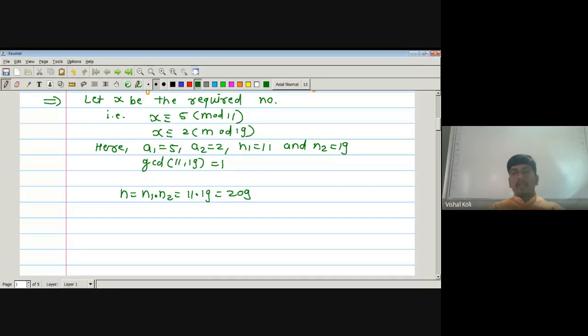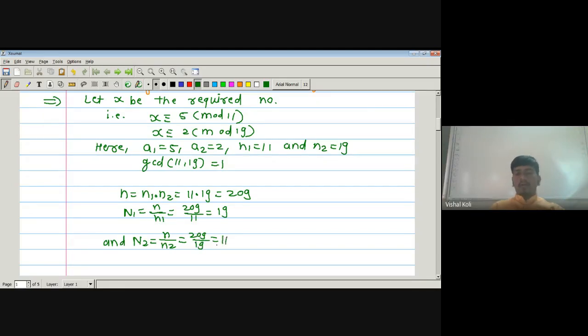Now capital N1 is small n divided by small n1, which is 209 divided by 11, which is 19, and capital N2 is n divided by n2, which is 209 divided by 19, which is 11.